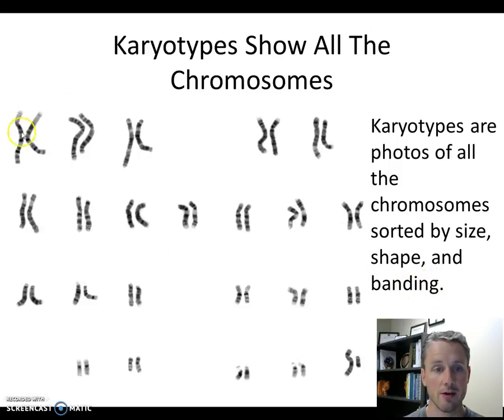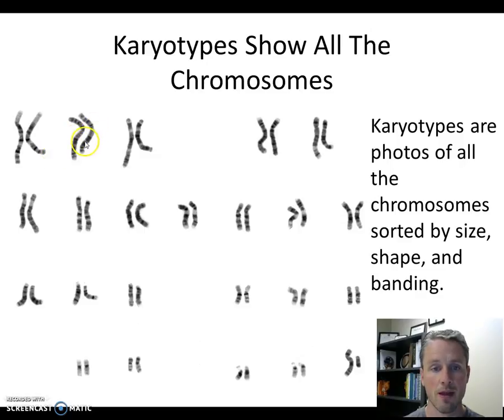So in the upper left here, we have 2 copies of a chromosome that are the same size and shape, and they have the same banding pattern. So this is chromosome number 1. When scientists make a karyotype, they number the chromosomes by their size. So the largest chromosome will be chromosome 1. The next largest chromosome, this one, will be chromosome 2.